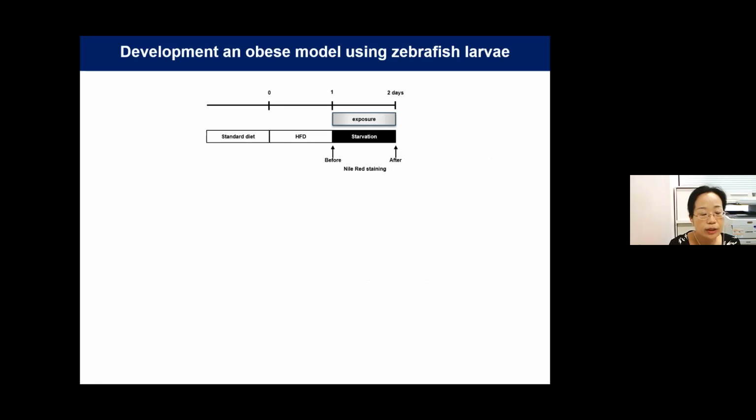Based on this reference protocol, we made a minor arrangement that shortened the experiment period to 2 days. First day for high-fat diet treatment, and the second day for test material exposure. Nile red staining was also performed before and after the exposure.